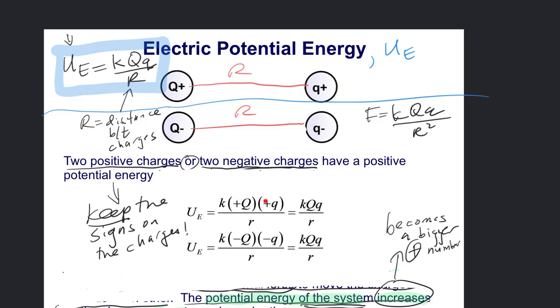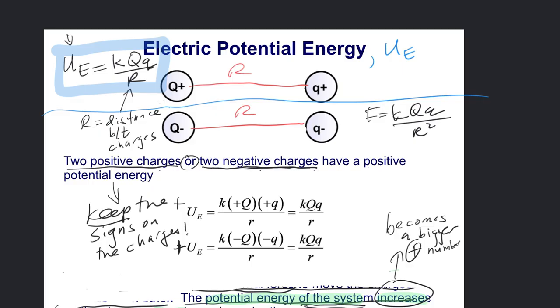So if they're two positive charges, it comes out to positive potential energy. If it's two negative charges, it still comes out to positive, like I was talking about on the previous slide.